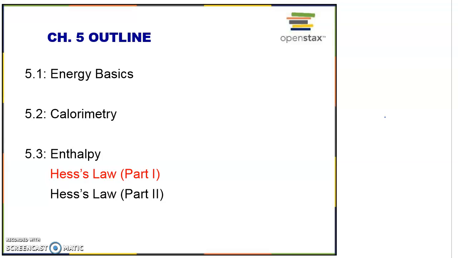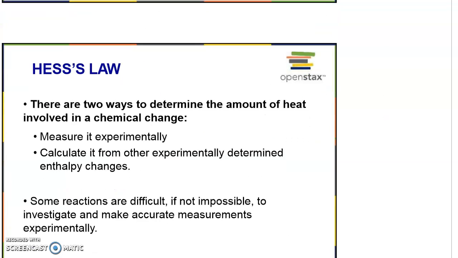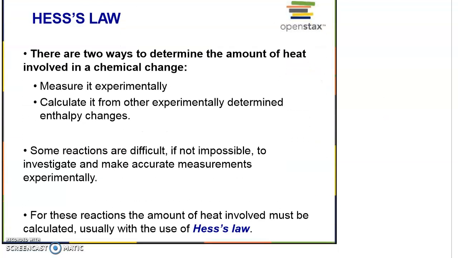In this video, you are going to learn about Hess's law, part 1. So what is Hess's law? There are two ways to determine the amount of heat involved in a chemical change. The first way is to measure it experimentally.